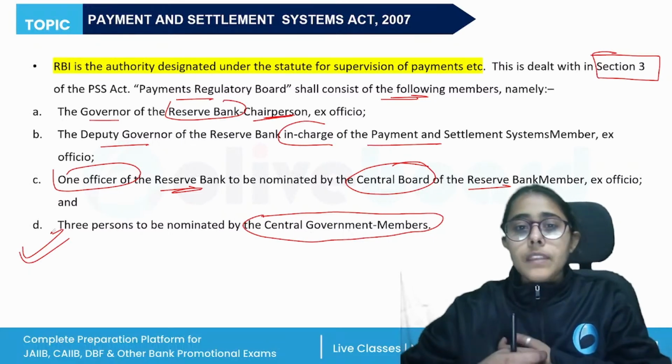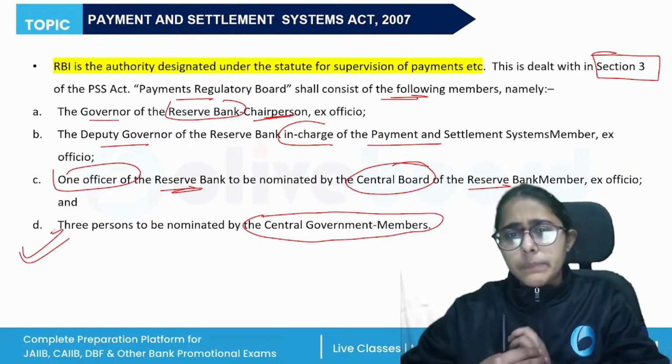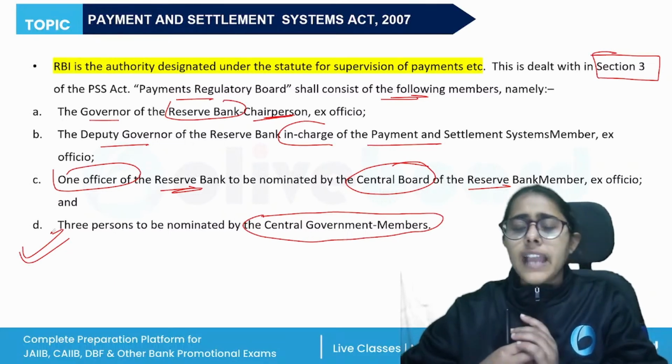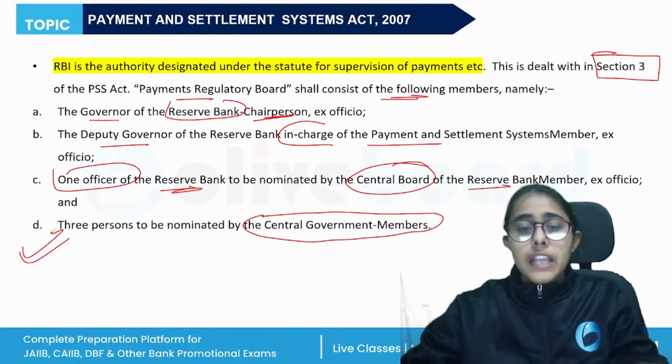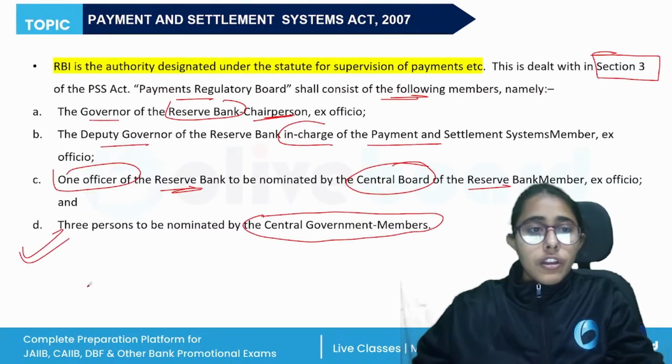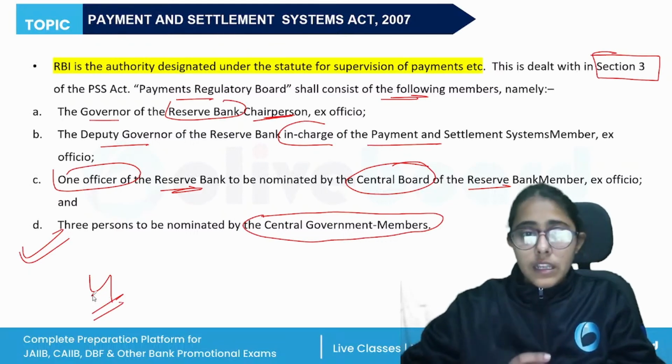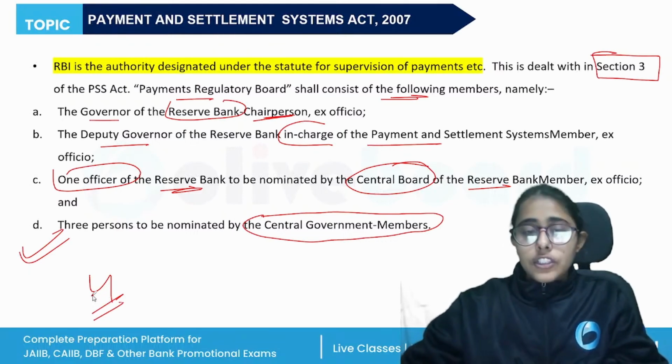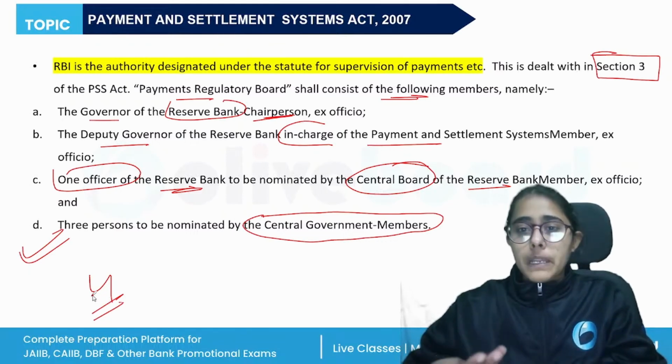Then the powers are given in section 2, and the time and venue of the meeting, the procedures, everything has been prescribed. Now section 4 is another important section. Section 4 of the Act says that no person other than the Reserve Bank shall commence or operate a payment system.